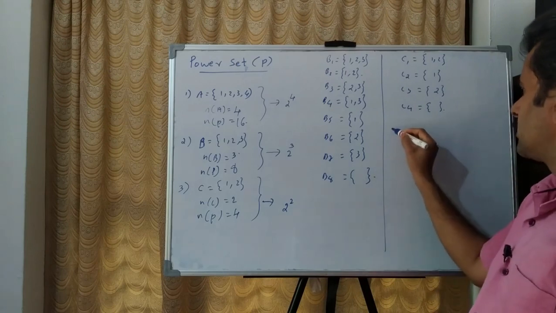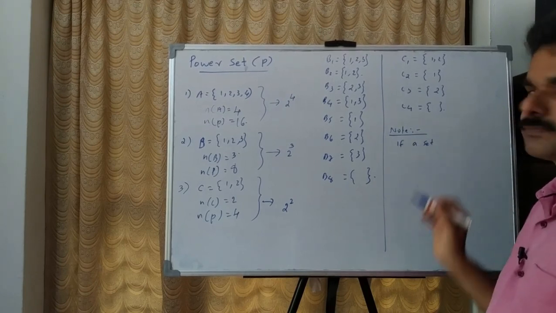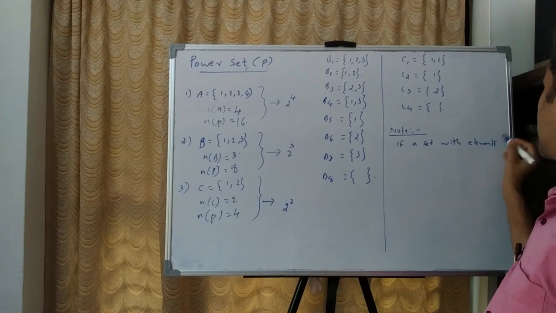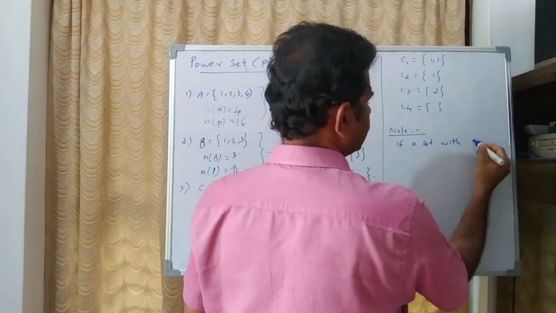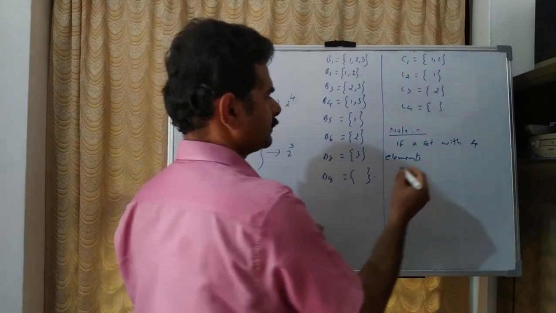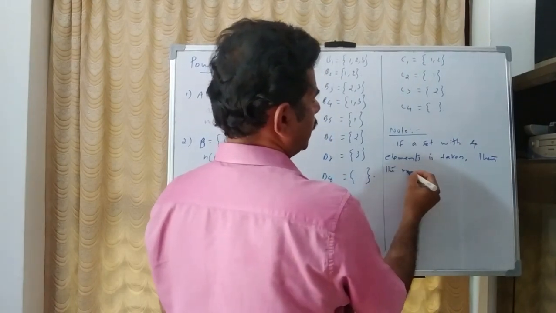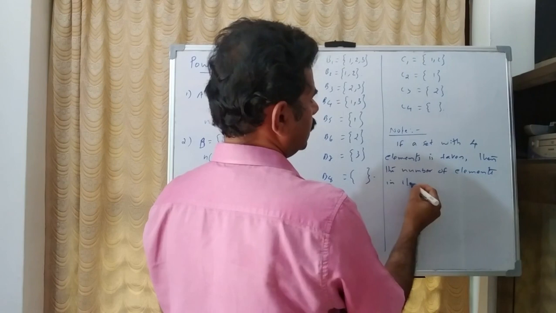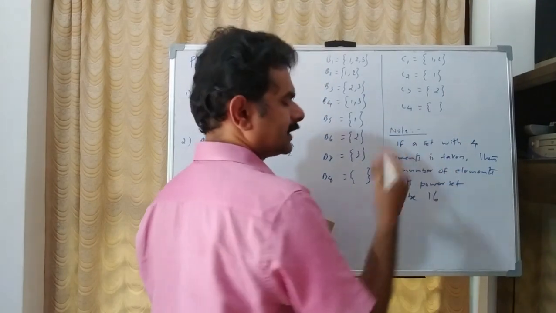So generally, what is to be noted here? Note, if a set with 4 elements is taken, then the number of elements in its power set will be 16, isn't it?